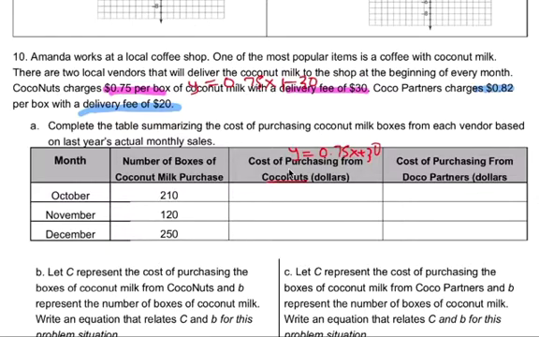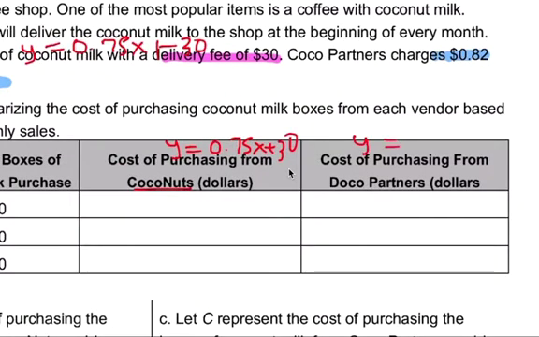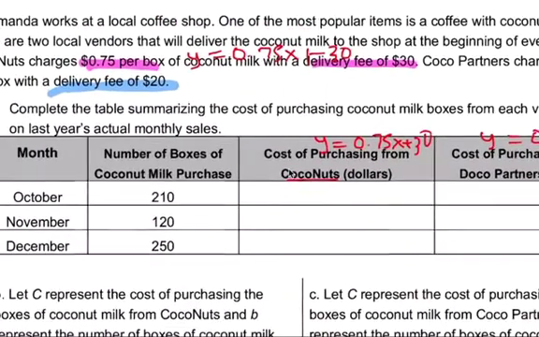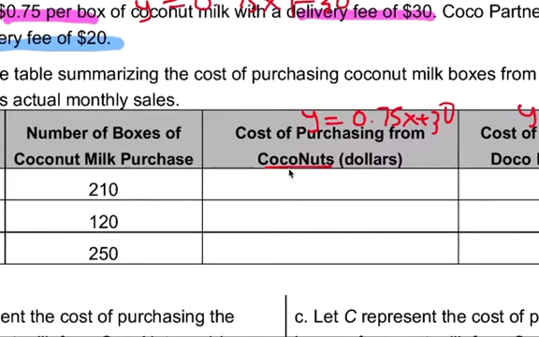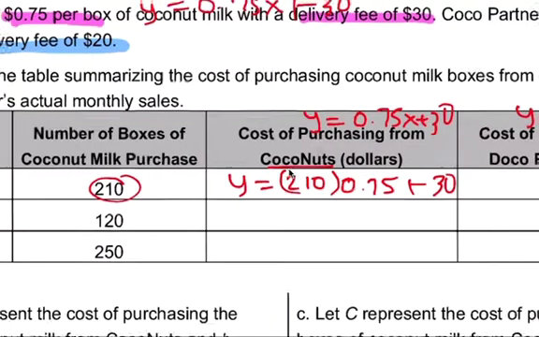That's the partner. So the partner is y equals 82 cents x plus the fee of $20. Okay. Well, find out how much 210 boxes charges. Each box here is 75 cents, not $75. Added 30.